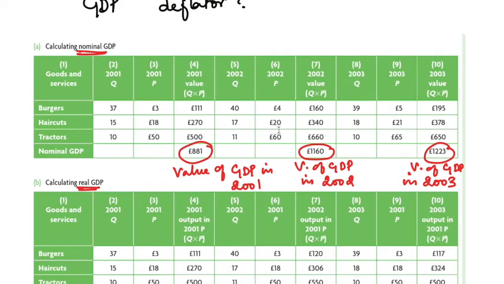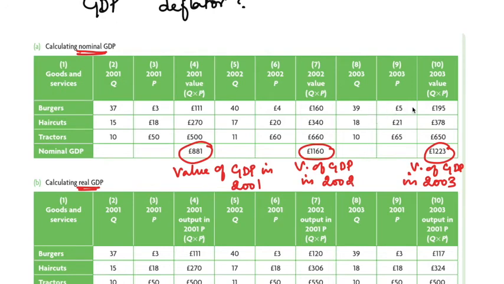So the prices and the quantities both have increased in 2002. If you multiply both, you get the value of these goods: 160, 340, and 660. When you add all these values, you get the value of GDP in 2002.